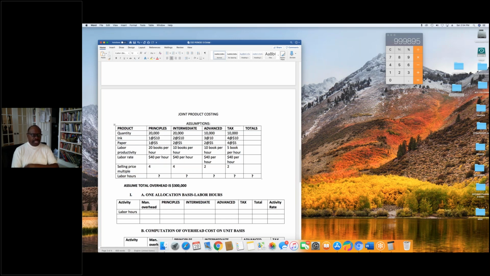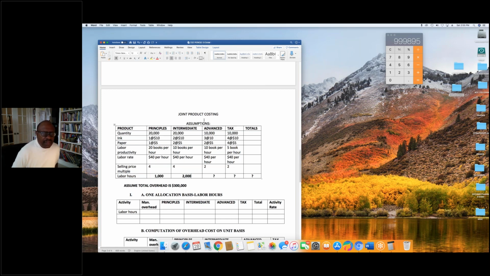So the first thing we have to do is come up with the labor hours that are going to be involved. To get the labor hours, we simply divide the labor productivity line into the quantity line. So 20 books per hour into 20,000 gives us, on the Principles book, 1,000 labor hours. On the Intermediate book, 10 books per hour, we're making 20,000, so 2,000 becomes the labor hours.